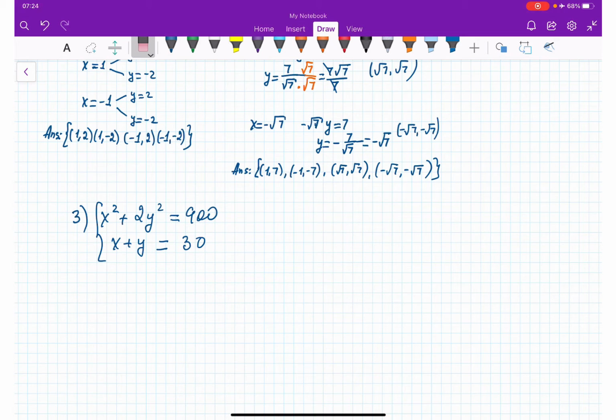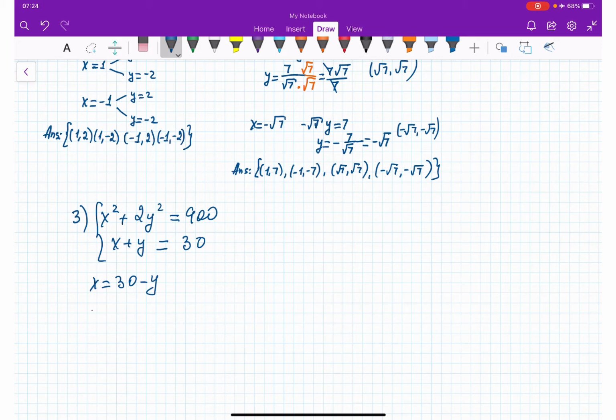And since my x squared doesn't have any coefficient, I'm going to substitute x. So x from the linear equation. I am finding x, which is equal to 30 minus y, and substituting into the first one.